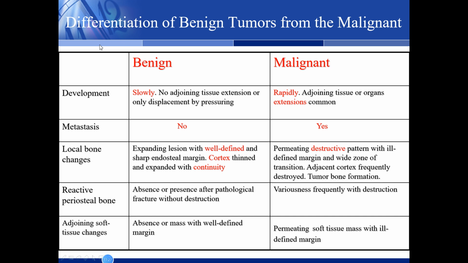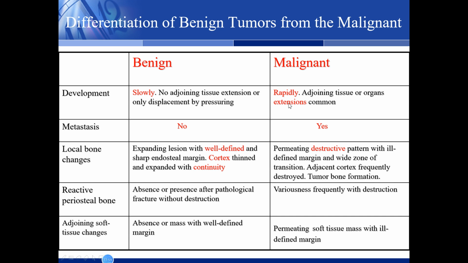So we learn about the differentiation of benign tumors from malignant ones. Here are the benign tumors and here the malignant. In development, the benign tumor grows slowly, with no adjoining tissue extension or only displacement by pressure.